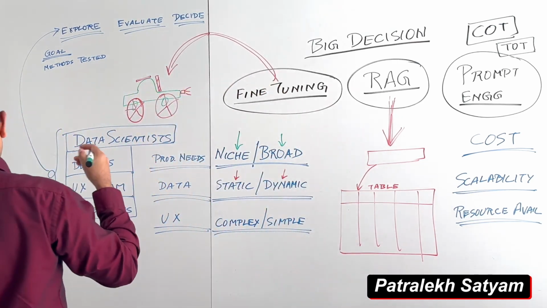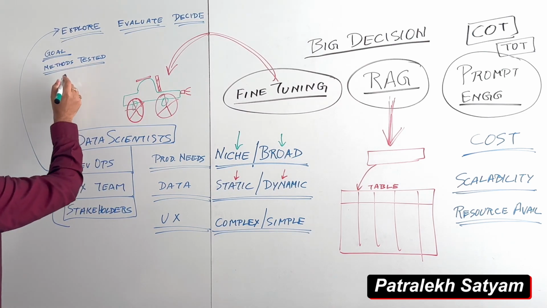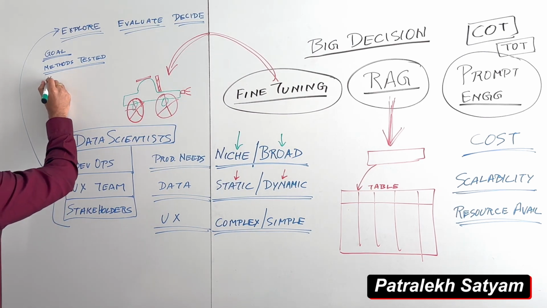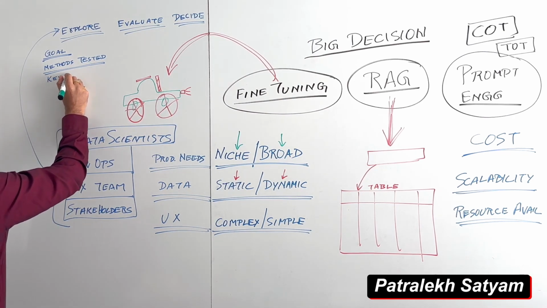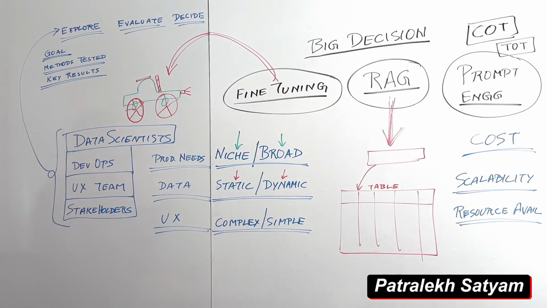Third is, what are the key results. So you had a goal, you did some testing. Now from the testing, what are the key results that emerged? So you will document the key results. For documenting the key results, how they should be documented so that it makes sense, these people will be telling that to you. Okay.